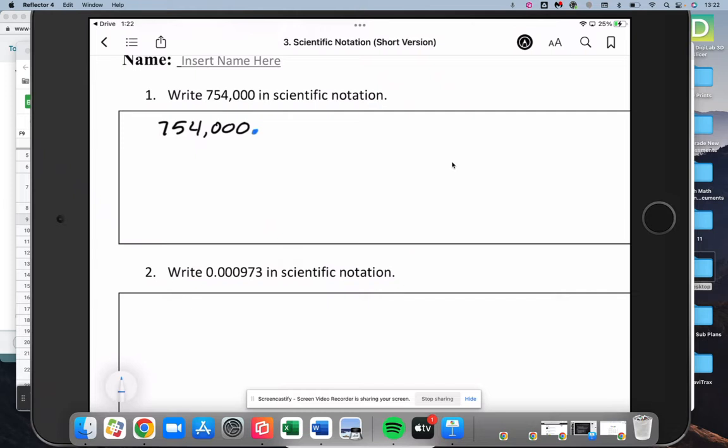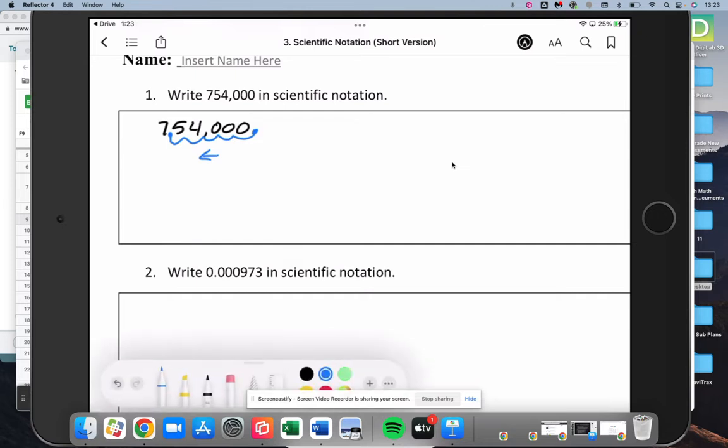To get to scientific notation, we only need one number in front of the decimal. And in order to accomplish that, we're just going to count how many spaces we have to move the decimal to do that. So there's 1, 2, 3, 4, 5. I had to move the decimal 5 spaces to the left in order to get one number in front of the decimal.